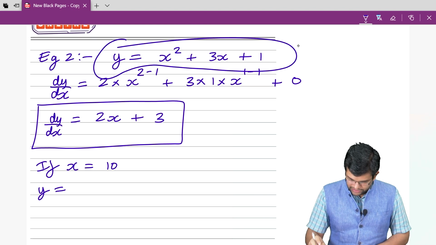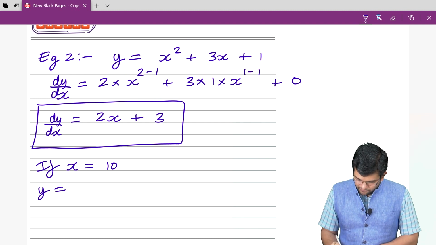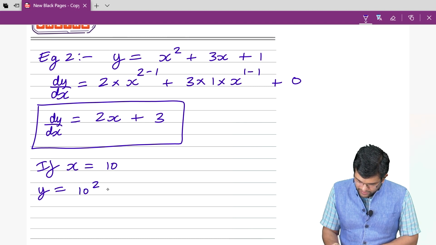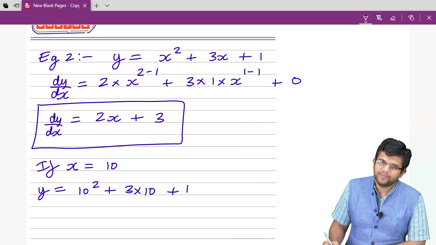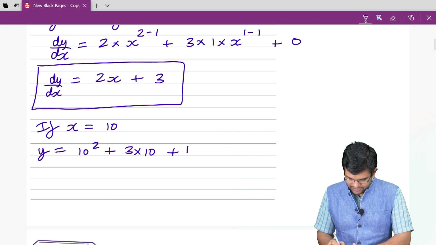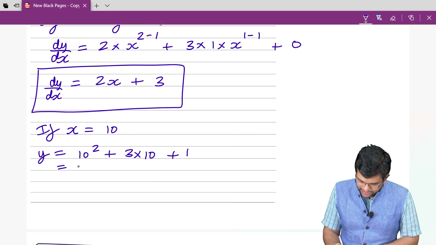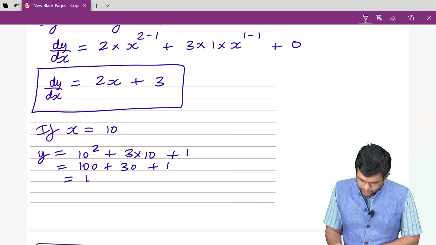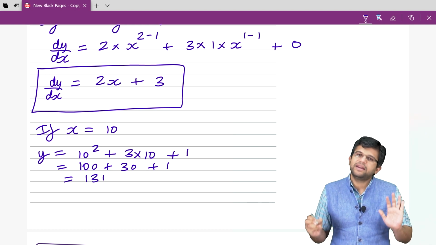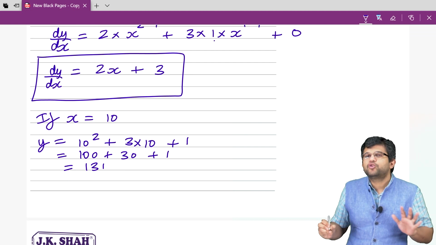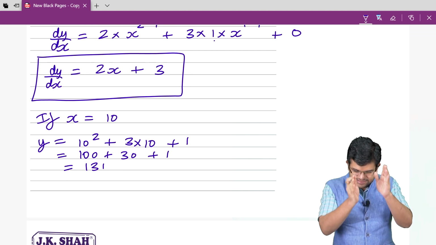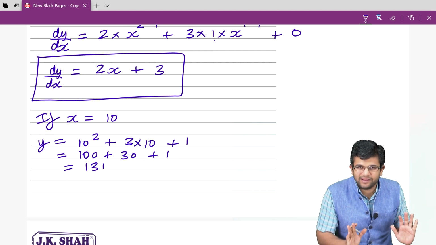So children, if x is equal to 10, y is equal to 10 square plus 3 into 10 plus 1. Do you agree with me? 10 square plus 3 into 10 plus 1, which is equal to 100 plus 30 plus 1, which is equal to 131. Everyone agreeing with me till here? Great. So now children, we have understood that when x is 10, y is 131, correct?